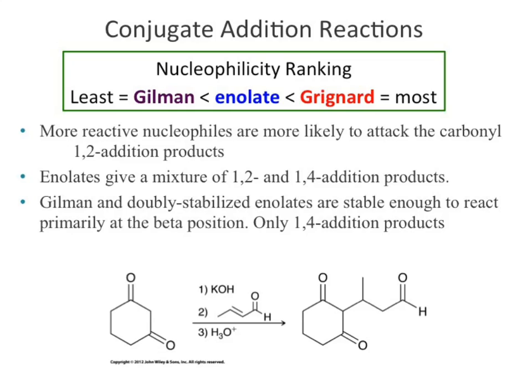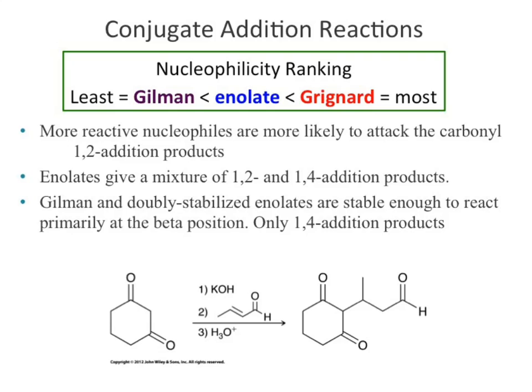So someone went through and started to evaluate all of these possible nucleophiles. If we take a look at our Gilman reagent, it's our least nucleophilic. Enolates are a little bit more nucleophilic than our Gilman reagents, and our Grignards are the most nucleophilic. Okay?